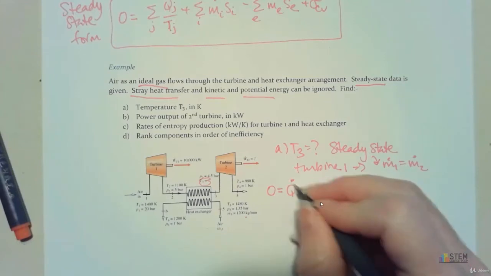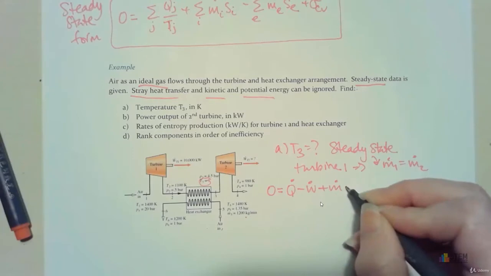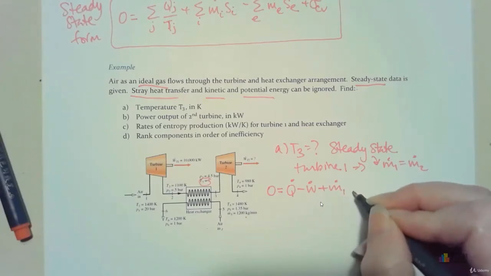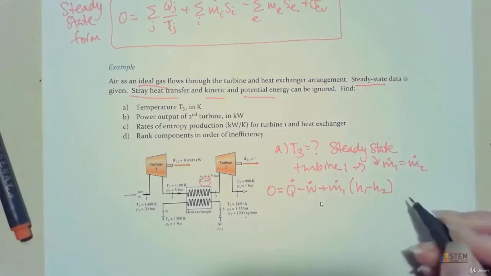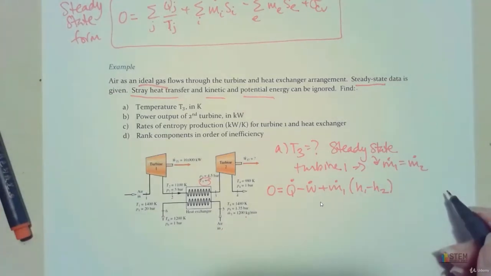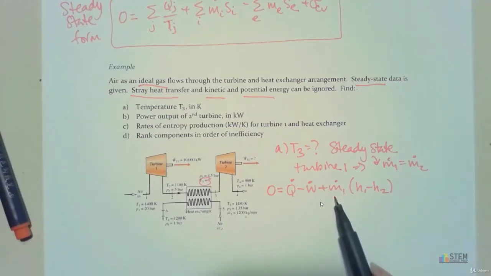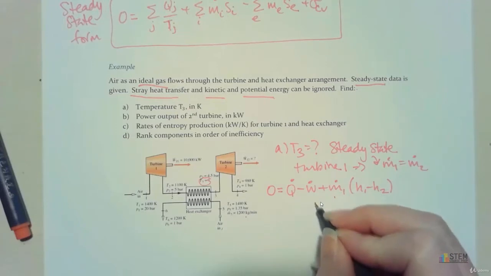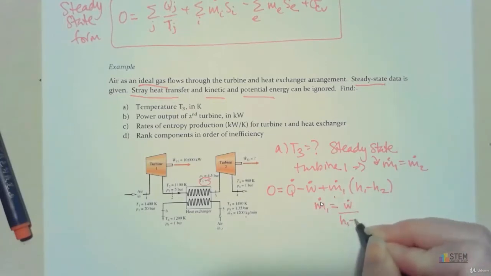That's going to equal Q dot minus W dot plus M dot, or we can call it M1 dot, times H1 minus H2. Kinetic and potential energy effects are ignored, so let's not even bother writing those down. Let's go ahead and solve for M1 dot. We're going to have W dot over H1 minus H2.